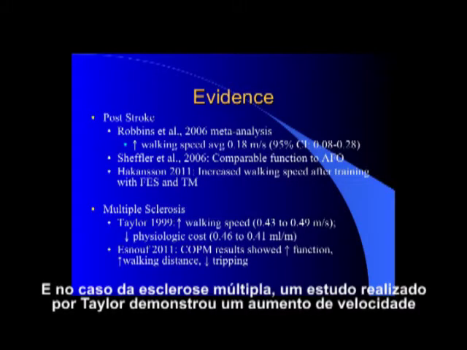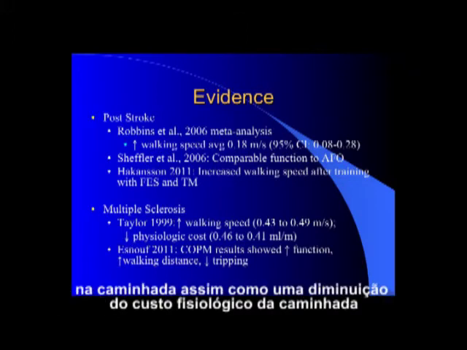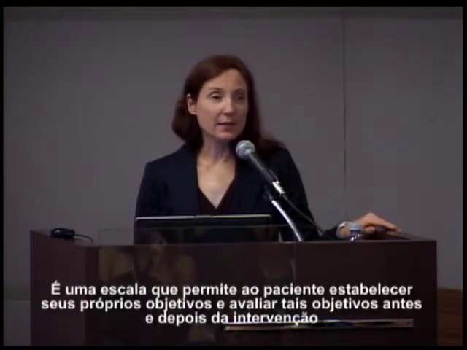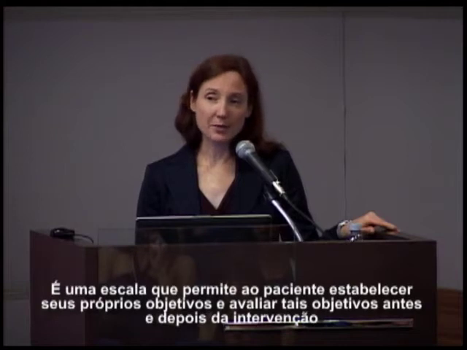And for multiple sclerosis, a study by Taylor showed increased walking speed, as well as a decrease in the physiological cost of walking. And a more recent study, and I don't know if you're familiar with the Canadian Occupational Performance Measure.